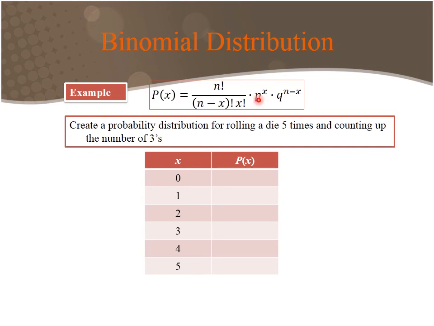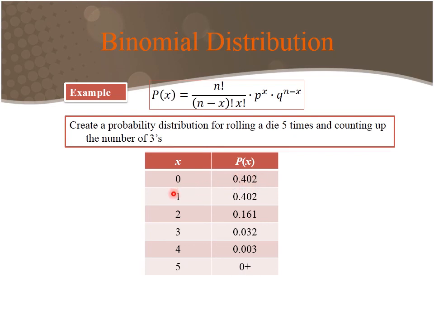So we'd have 1/6, or 0.1667, to the 0 power, times the probability of a failure, in this case 5/6, or 0.8333, to the 5 minus 0, or 5, power. Now that would result in 0.402.